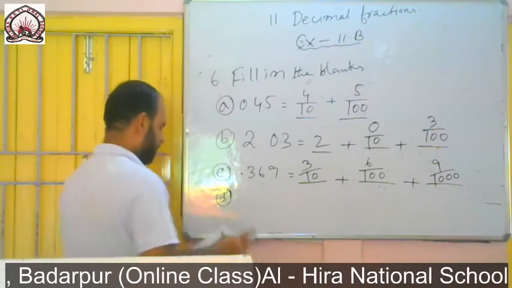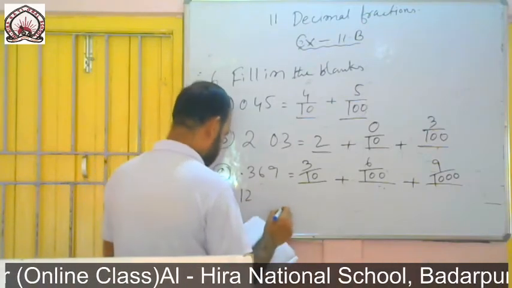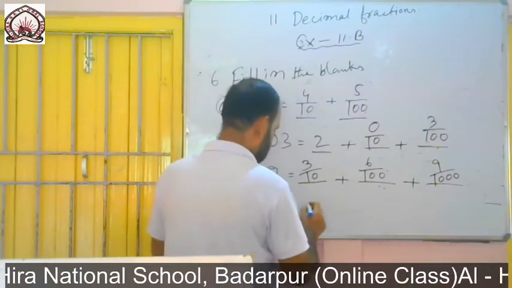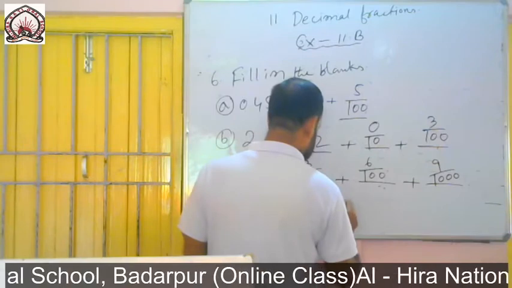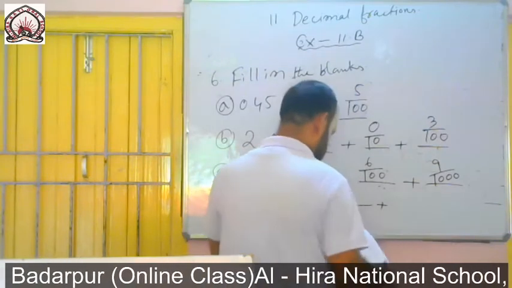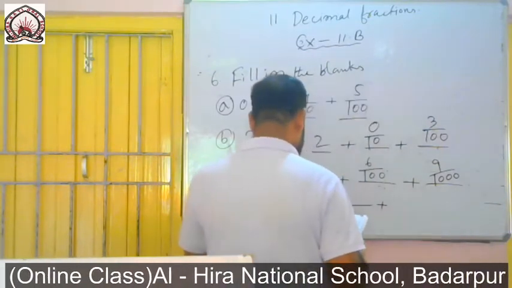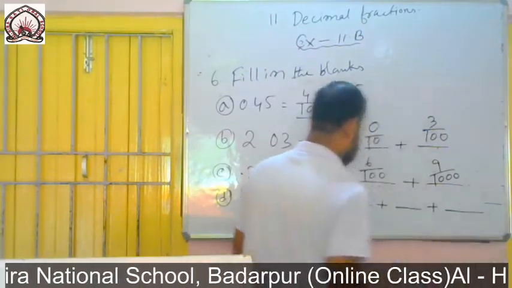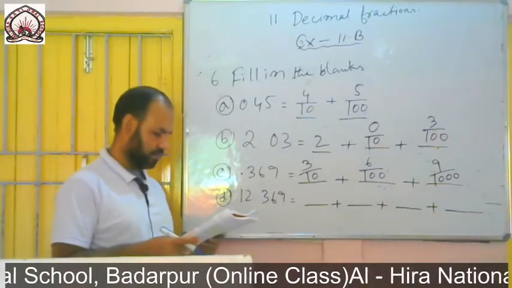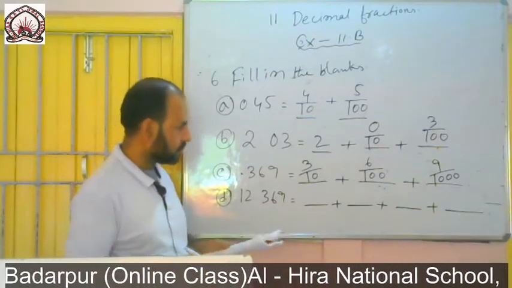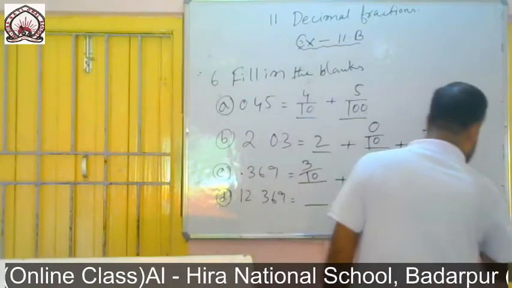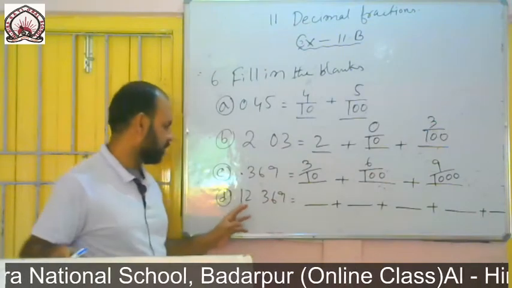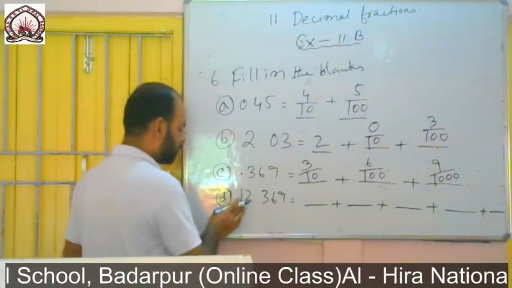Next question number D, 12.369 equal to dash plus dash plus dash plus dash plus dash. So here the place value of 2 is 2.